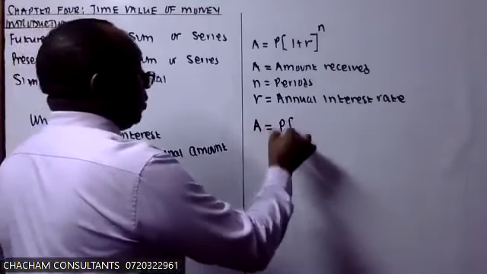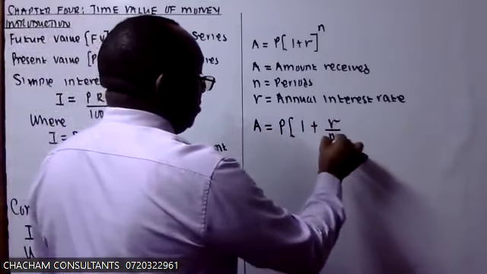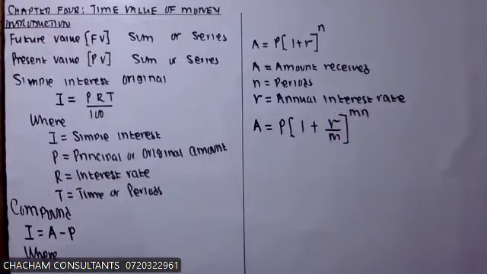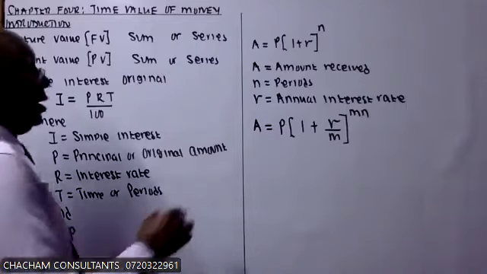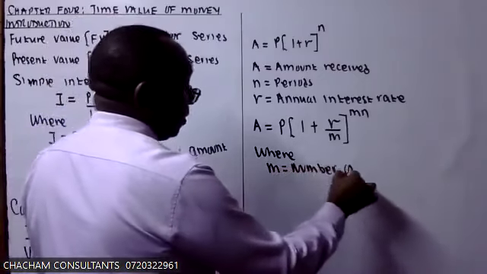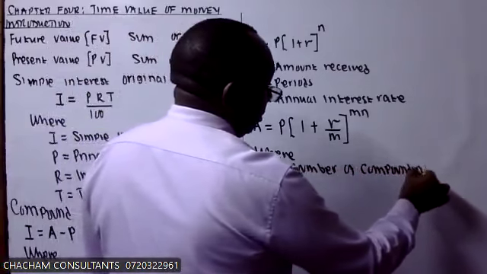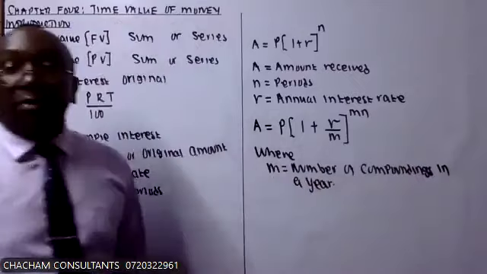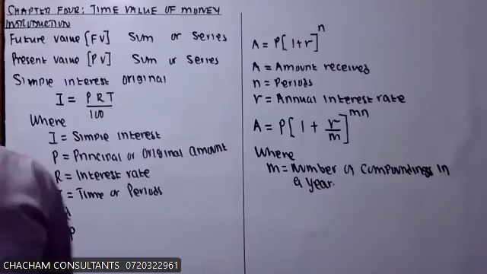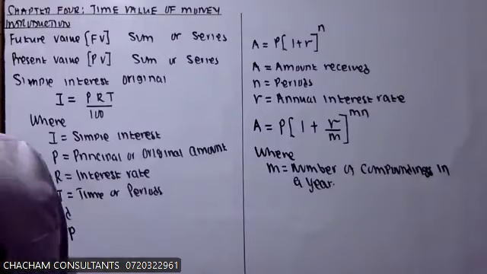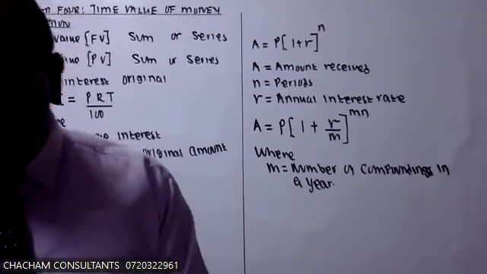A is equal to P(1 + R/M) raised to the power Mn, where M is the number of compoundings in a year.